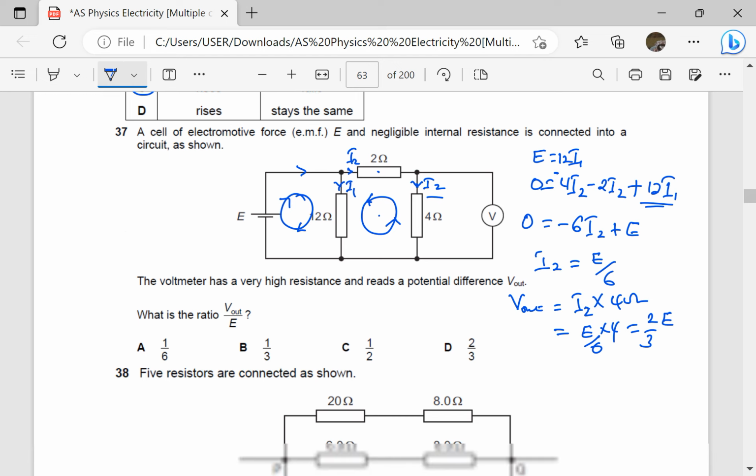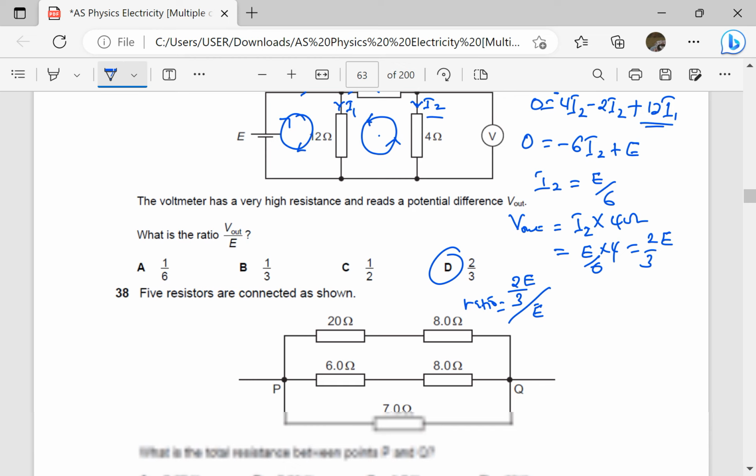Now let's find the ratio. The ratio is going to be 2E over 3 divided by E, which gives us 2 over 3. So our answer is 2 over 3.